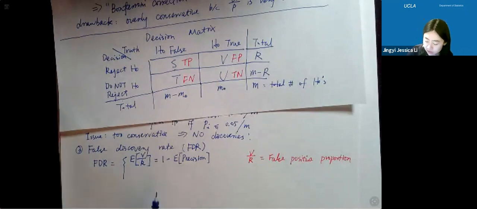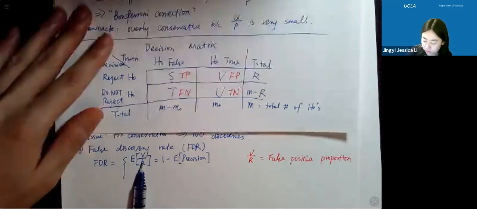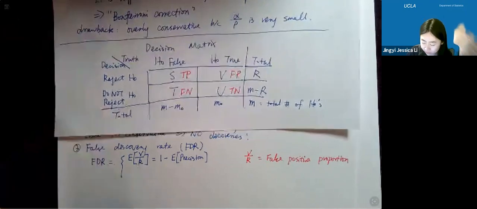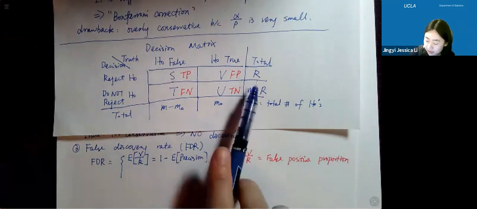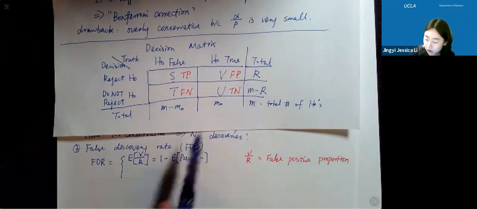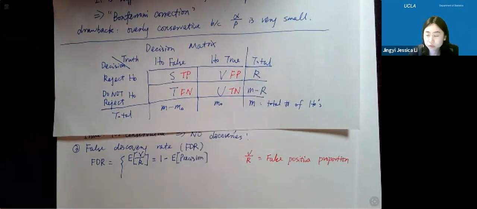Okay, but whenever we have a division, it's always to keep in mind that the denominator cannot be 0. But if you look at the denominator here, it's R, and R could be 0. Whenever we do not make any rejection, our R is 0. Then we have a dividing by 0 issue. How do we address that?